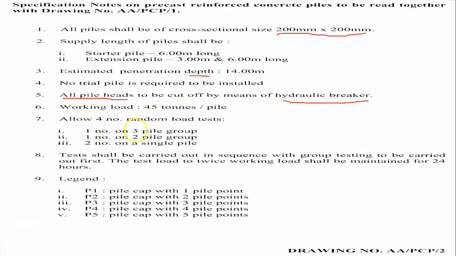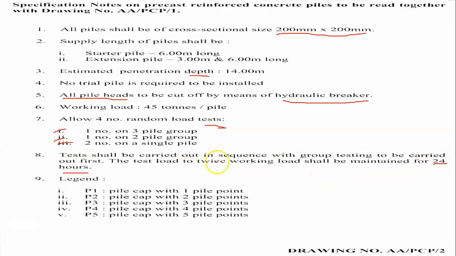And then for load test, you need to do 4 numbers of random load test, 1 number on 3 pile group, 1 number on 2 pile group, and 2 numbers on single pile. And then the test shall be carried out in sequence with the group testing maintained for 24 hours.